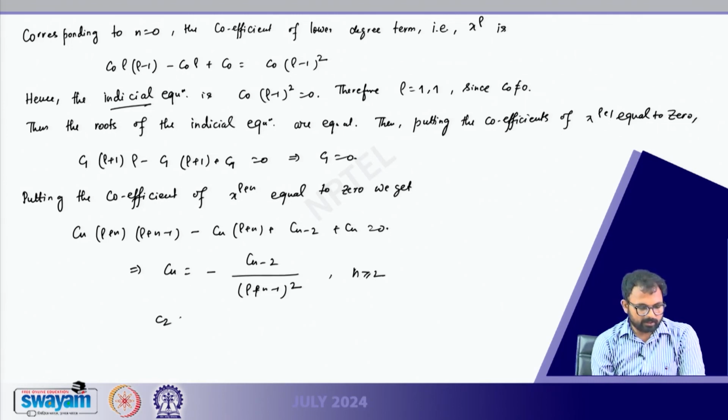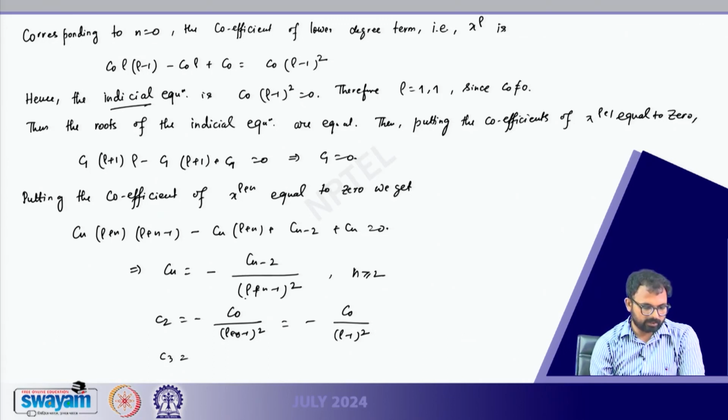So, we can get C2 equals minus C0 times (rho plus n minus 1) whole square. Here n is 0, so this is basically minus C0 (rho minus 1) whole square. Similarly, we'll have C3 as (rho plus n plus 1).